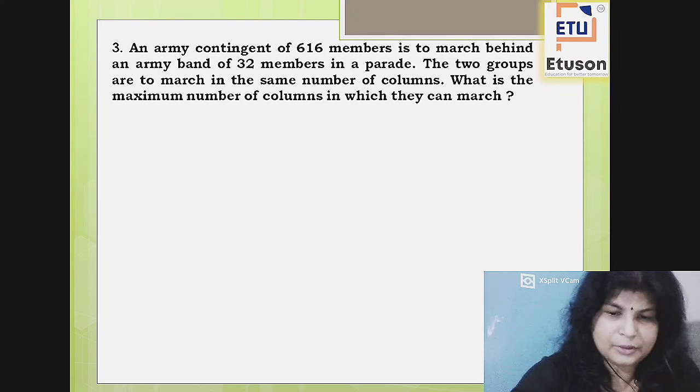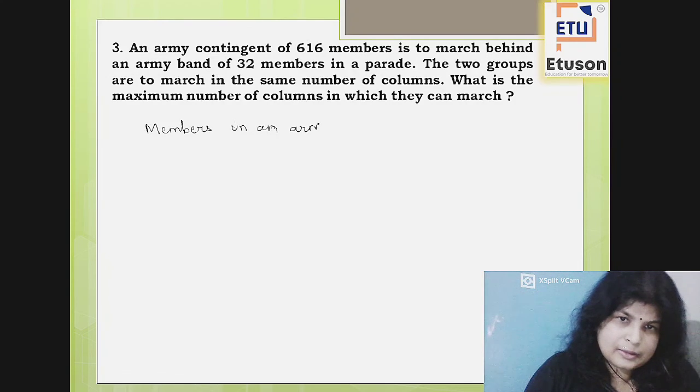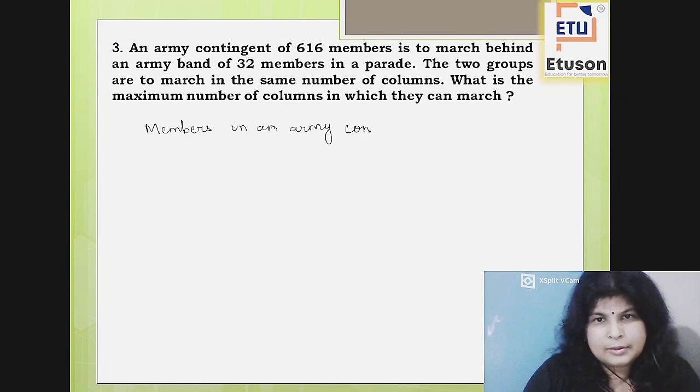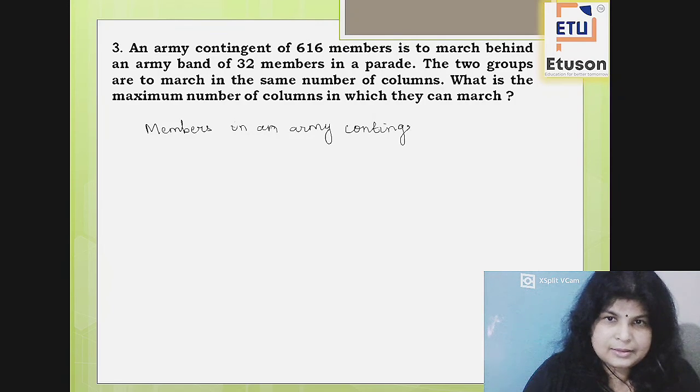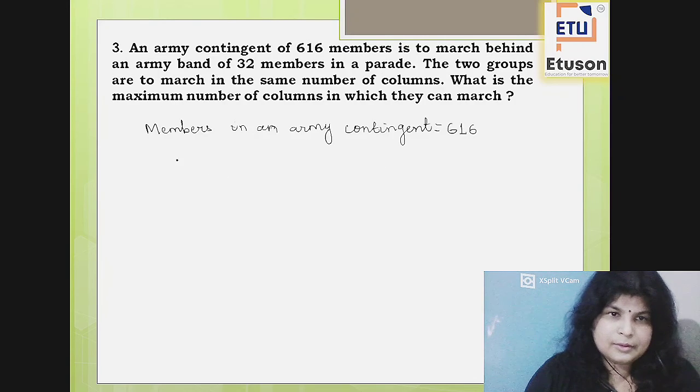So you can write down like this: members in an army contingent is equal to 616. Members in a band is equal to 32.